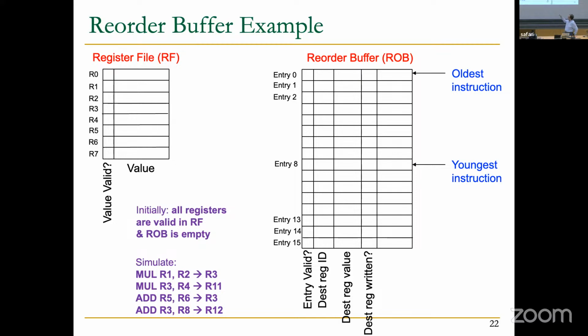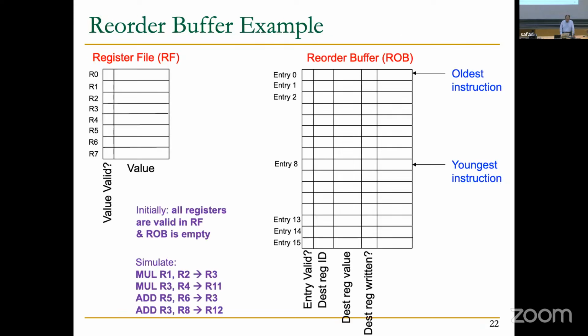Based on our assumptions, like multiplication taking 4 cycles and addition taking 1 cycle, you can try to build a pipeline and fill up the register file and reorder buffer for this simple application, as optional homework if you're interested.